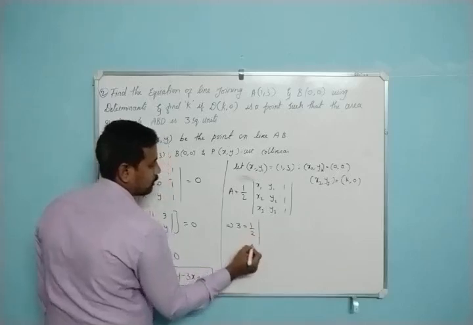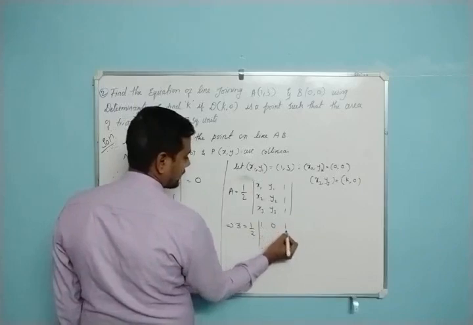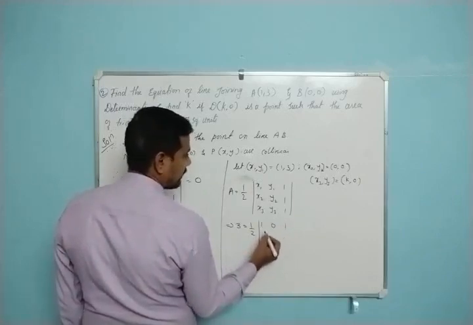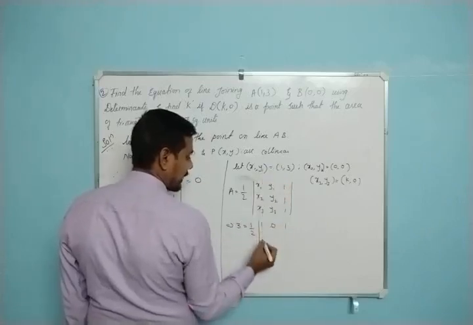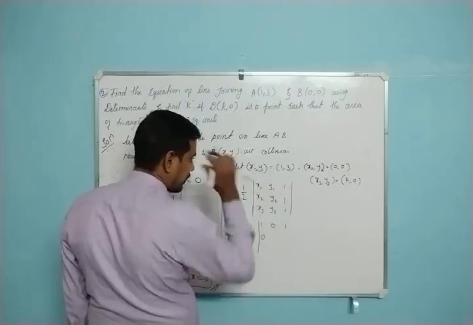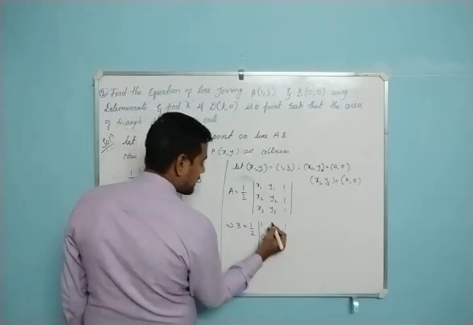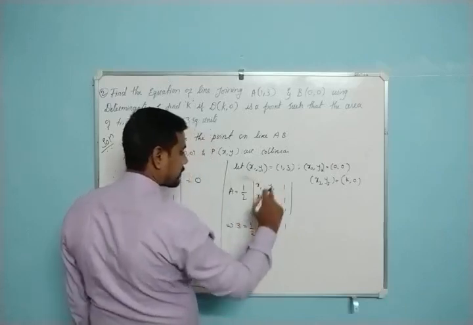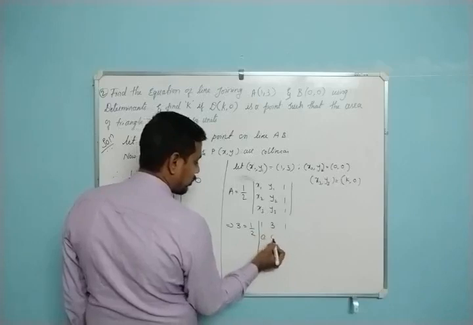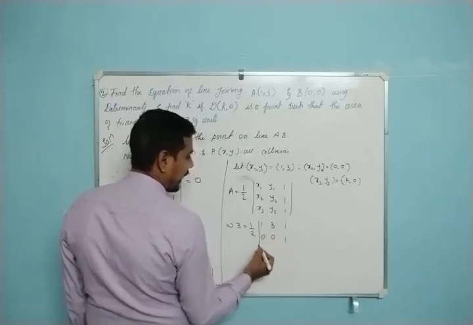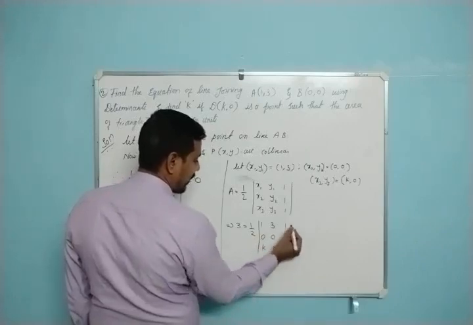Half into, x1 is 1, y1 is 3, 1. x2 is 0, y2 is 0, 1. x3 is k, 0, 1.